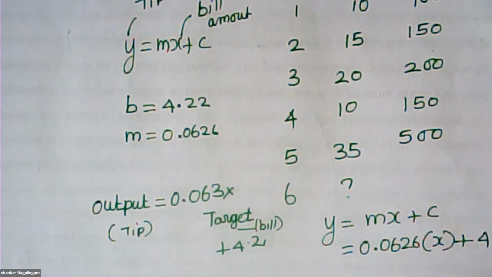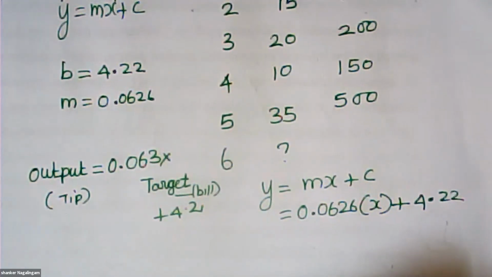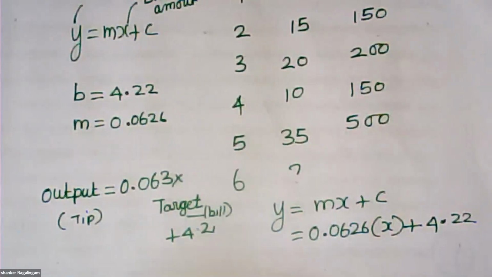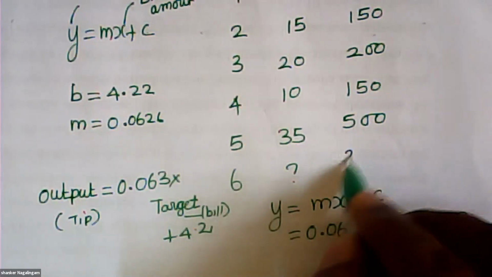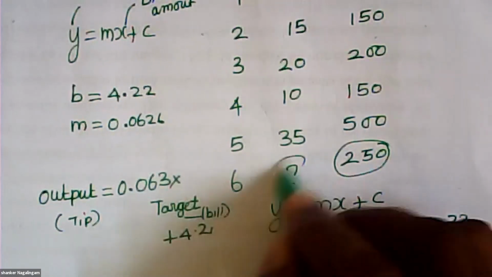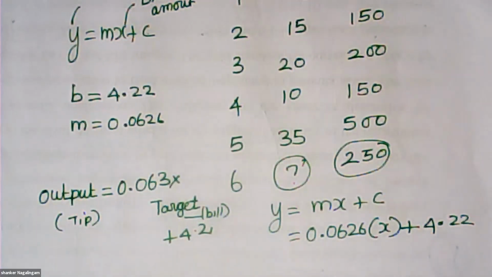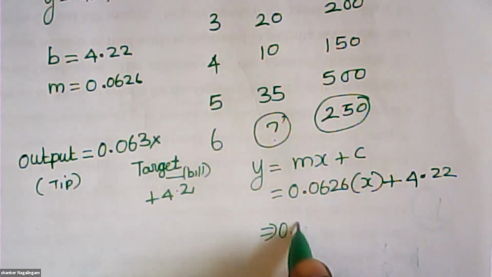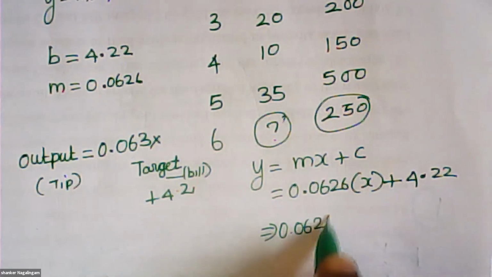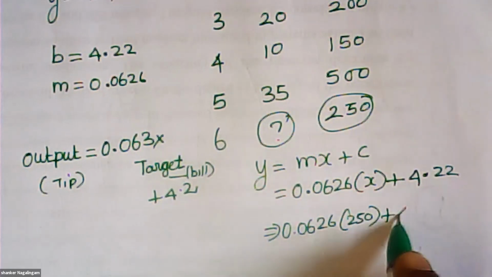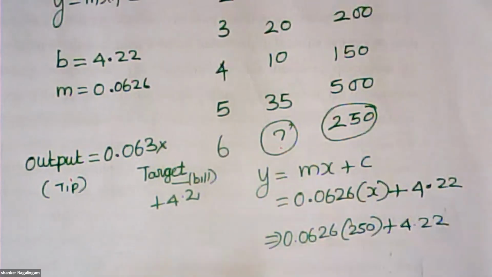Now, if the bill amount is about 250, assume that the bill amount is 250, what will be my tip amount? For this, I'll use this equation. So what I'll do is make 0.0626 into 250, plus 4.22. Now I'll just show this in the coding.